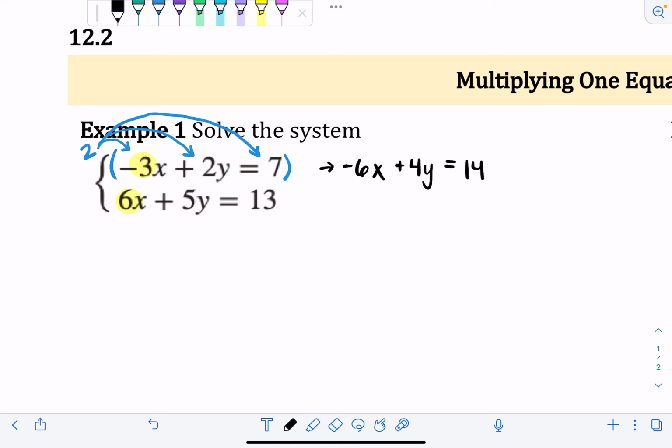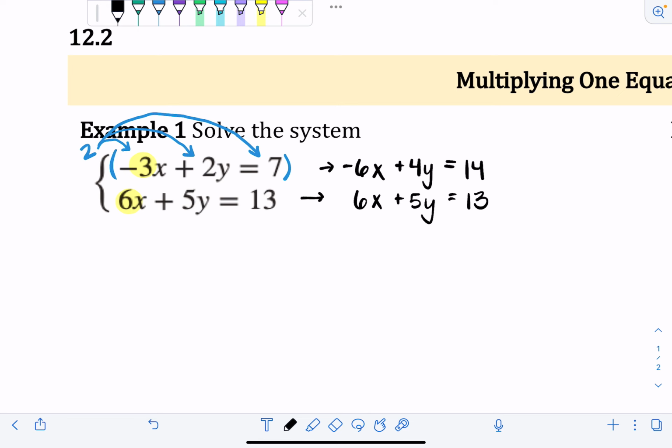And then the second equation was the one that had the 6x, not negative. So I just need to copy that over because I don't need to make any changes to that one. So I'm going to copy it over as 6x plus 5y equals 13. It's the same exact equation, so no changes need to be made.